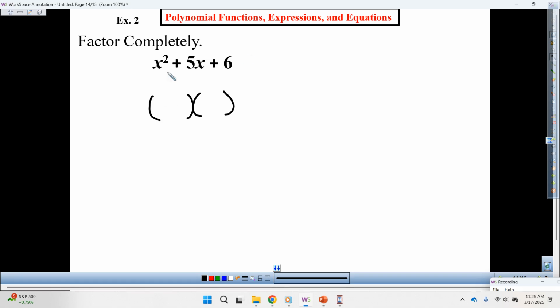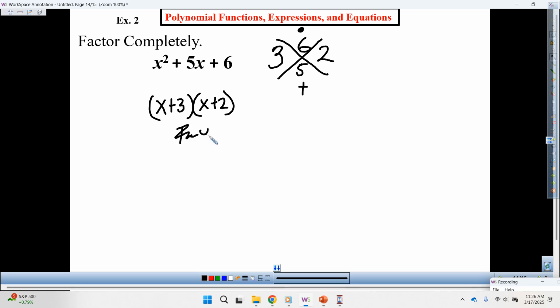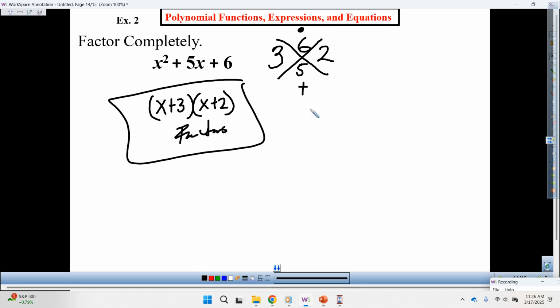In the meantime, while Cesar is almost done, what do we check? Standard form, yes. GCF, no. 6 on top, 5 on the bottom. Factors of 6 that add up to 5, everyone. 3 and 2, so my factors are? These are my factors. That is correct.